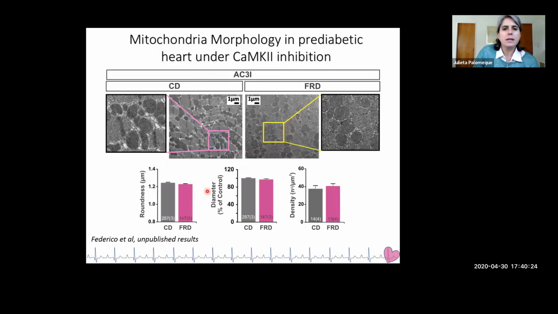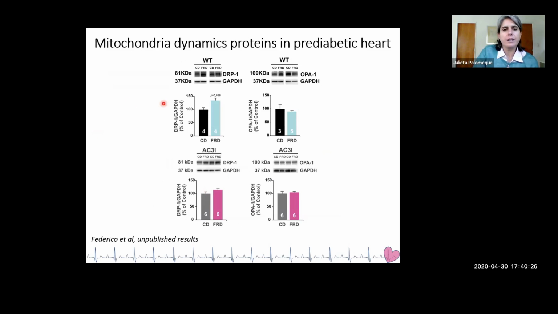So we examined the DRP1 protein, which is the main protein involved in mitochondrial fission, and we could see that in wild-type mice there is an increase in DRP1 expression under the fructose-rich diet, and this did not happen in the AC3I mice.